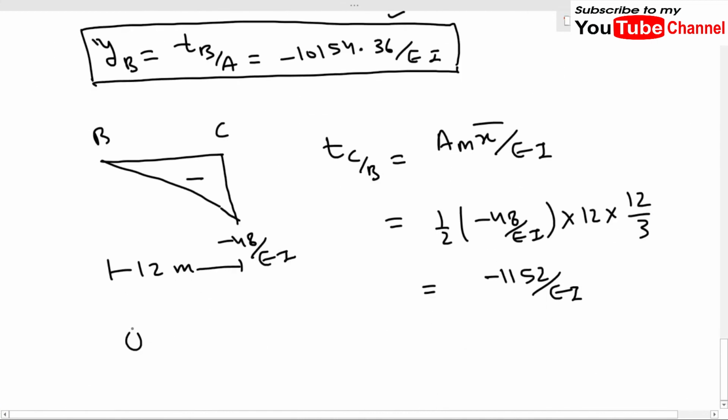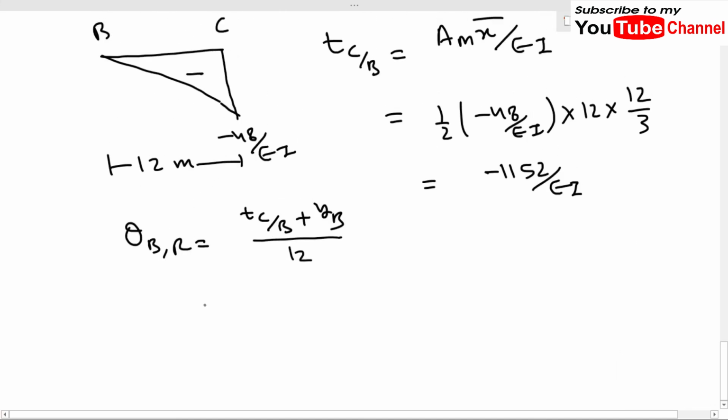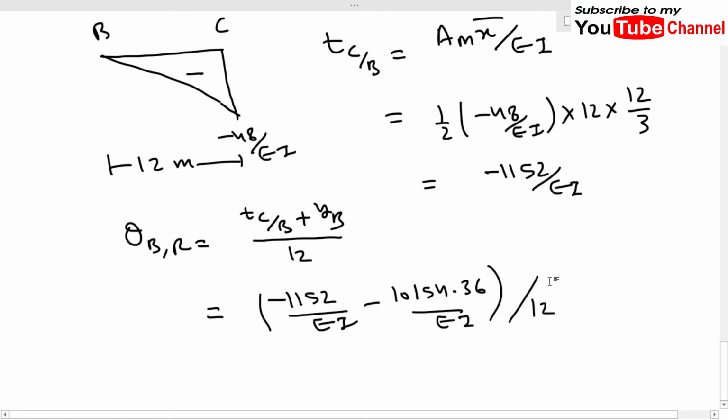We have calculated the value of TC over B, it is minus 1152 by EI, and we have also calculated the deflection, which was minus 1014.36 by EI, and the whole is divided by 12.